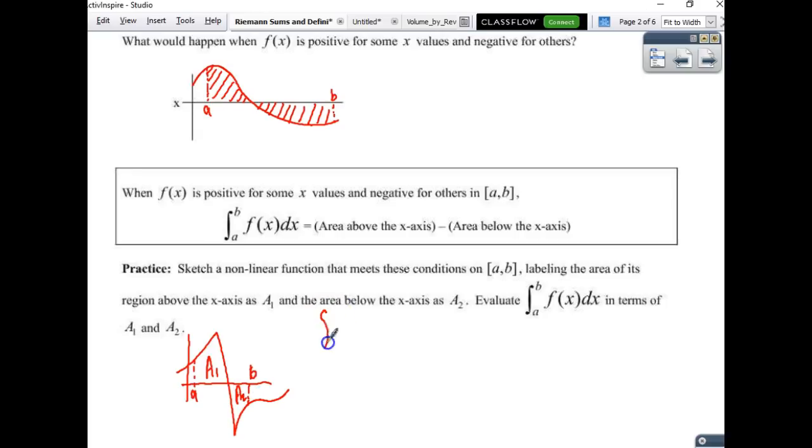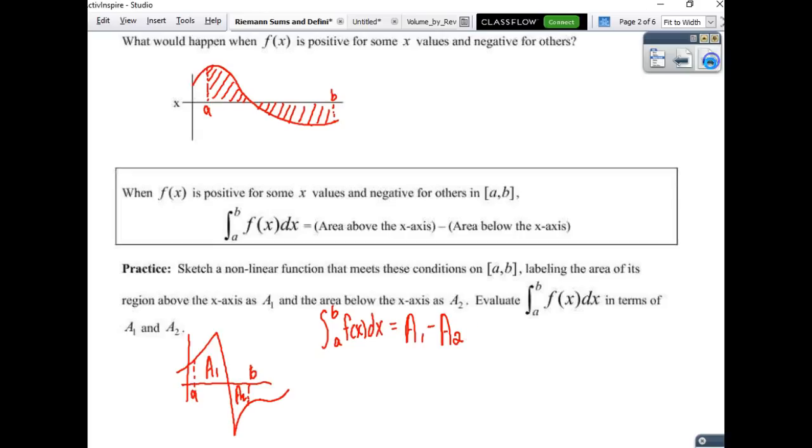And I ask you to find the integral from A to B of f of x dx. Then essentially what I need to recognize is that I'm going to take the area 1, and I'm going to subtract from that A2. And that's all that means. I just take the pieces above and below the x-axis and move on.